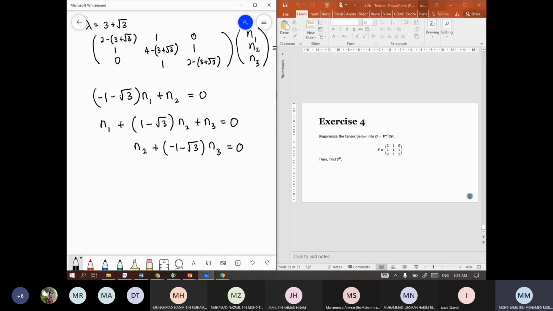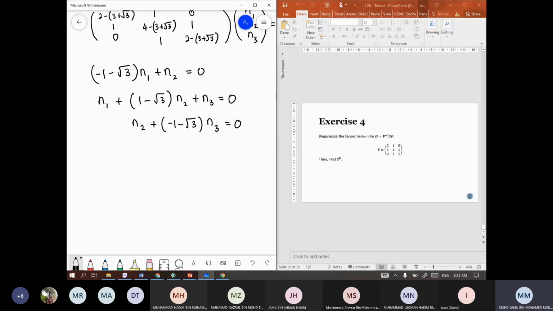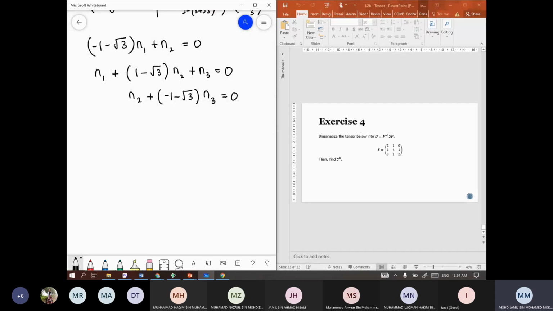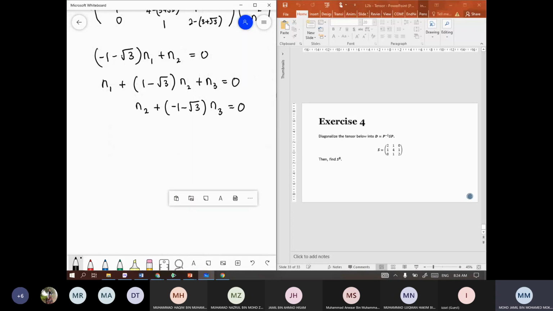So we need to solve this simultaneously because there are three equations. So this is a bit tricky to solve. So you need to use knowledge from maybe numerical methods, okay? So let's simplify first. I think you can use a calculator, but let me see.